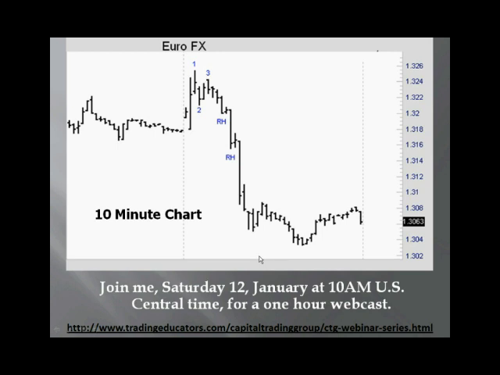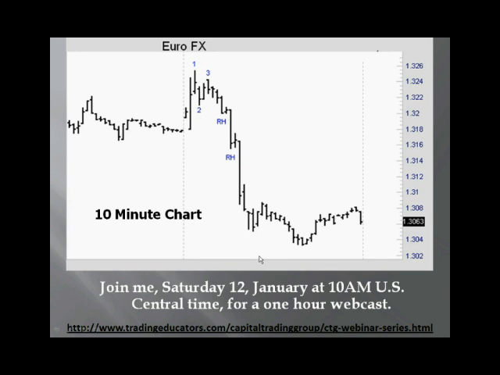We can see that reflected on the 10-minute chart in a classic law of charts 1, 2, 3 high formation in the euro dollar and in the euro FX. The law of charts can only and does always reflect the truth about human emotionally driven action and reaction to events that underlie the markets.